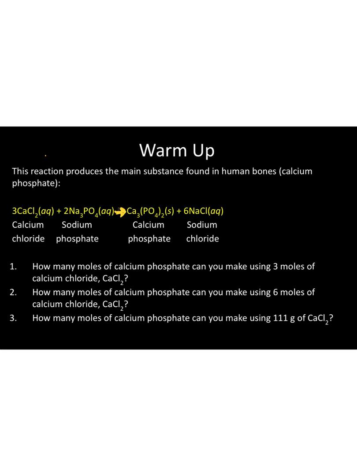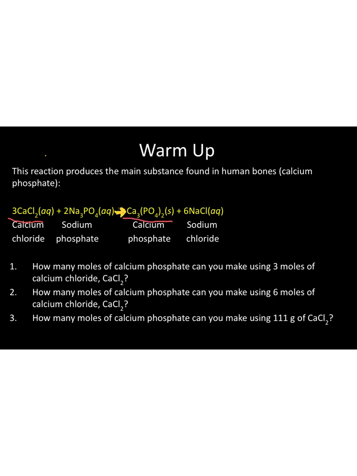All right, so the first question is saying, how many moles of calcium phosphate, which is this product. If we have 3 moles of calcium chloride, that's this reactant over here, how many moles of calcium phosphate can you make? Calcium phosphate is this solid product over here.